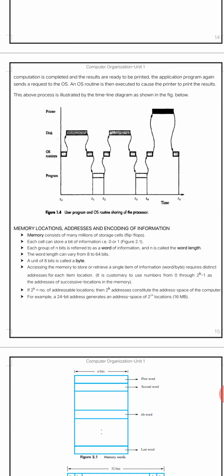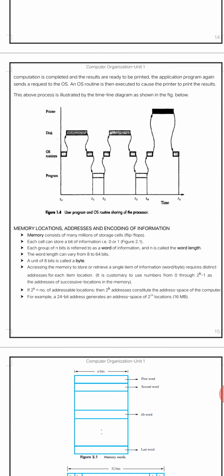So first, the program. For activation purpose, we have to use OS routines. So we have to store the program first in disk. If you want to perform a particular task or execute that program, data is compulsorily required.